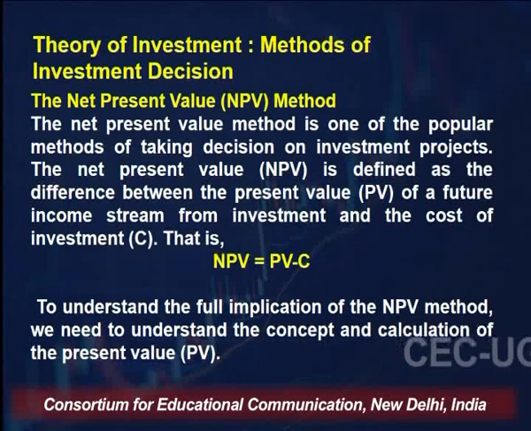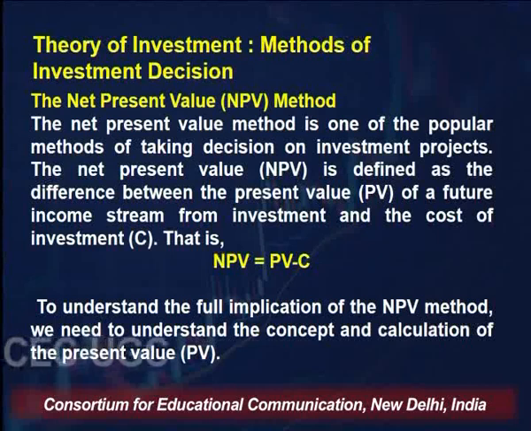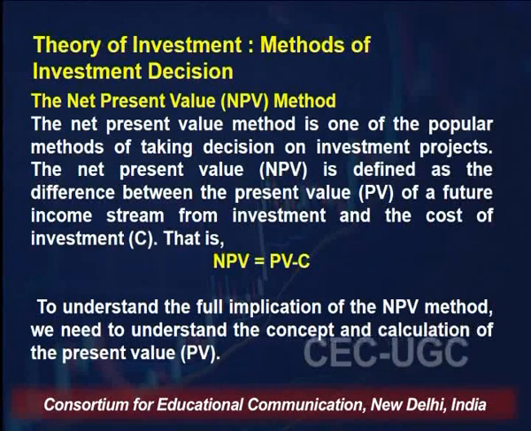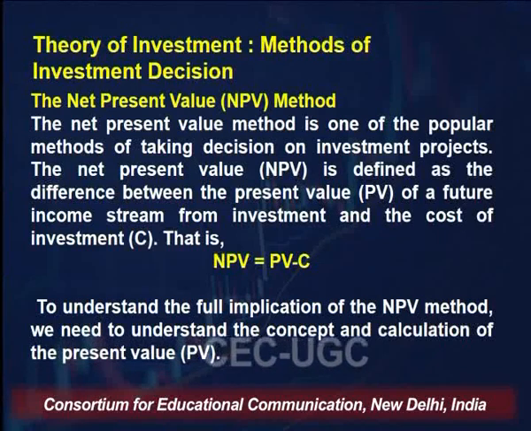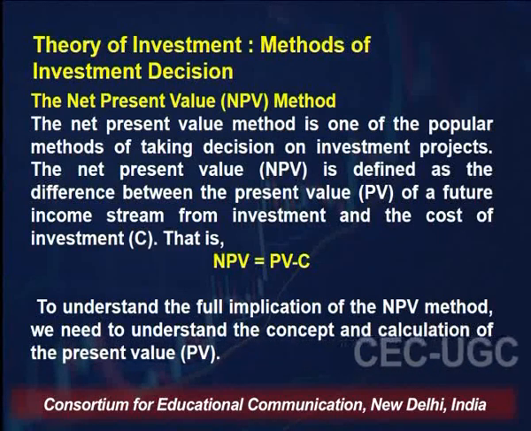So NPV is equal to the present value of all the returns that we are going to get in future minus the cost of capital. Here NPV is the net present value, PV stands for present value, and C stands for the cost of capital.